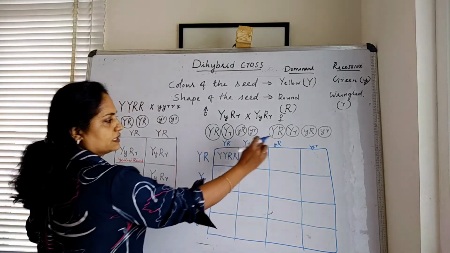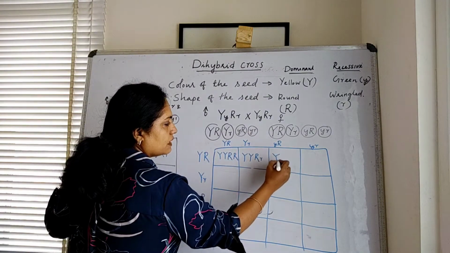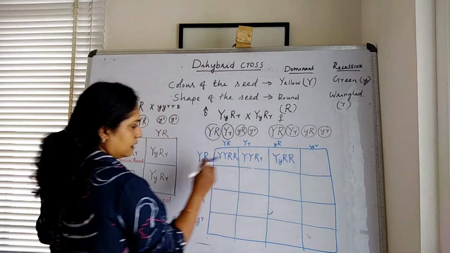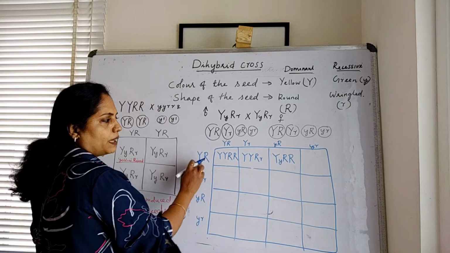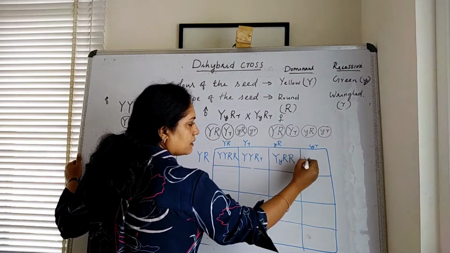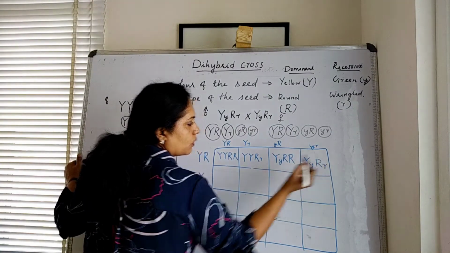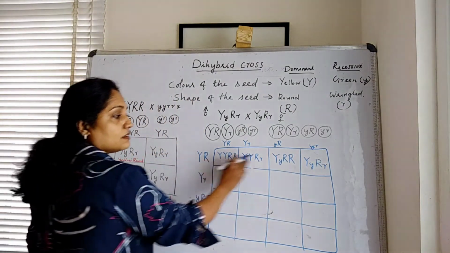We cross this with this, we will get capital Y, small y, capital R and capital R. If we cross this gamete with this one, we will get capital Y, small y, capital R and small r. That is the first row.